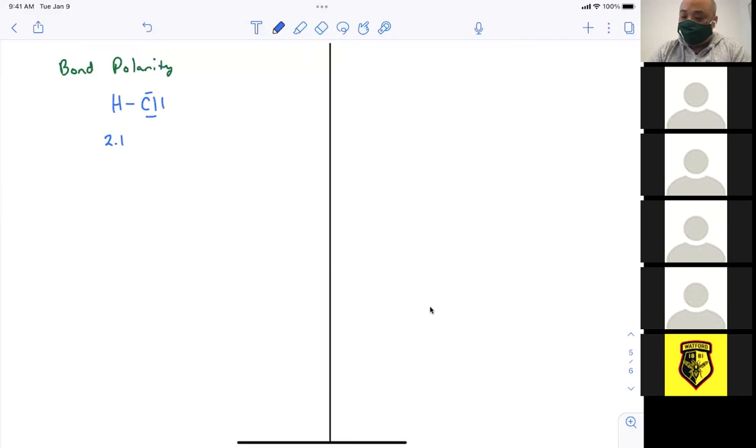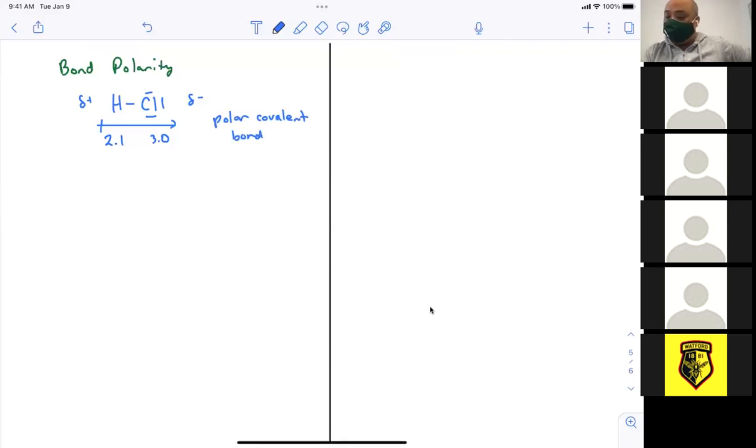Because chlorine is more electronegative, that bond is polar, and it's more negative on this side and more positive on this side. So each bond in a molecule has a certain polarity to it. If it's just a 2-atom molecule, then the bond polarity is the same as the molecular polarity, because that's the only thing that contributes to the molecular polarity. So this is a polar covalent bond.